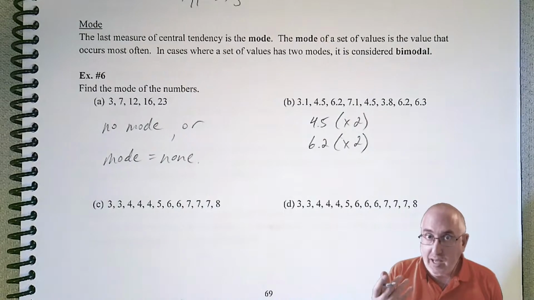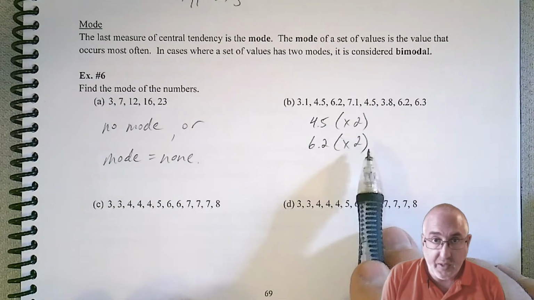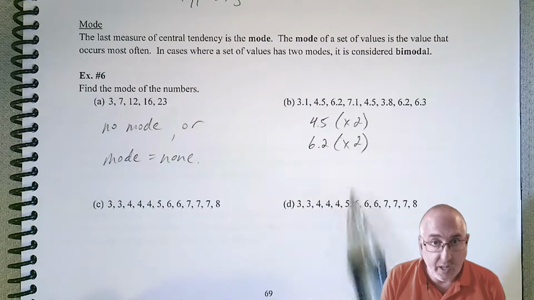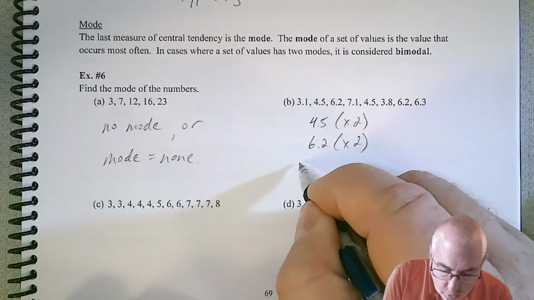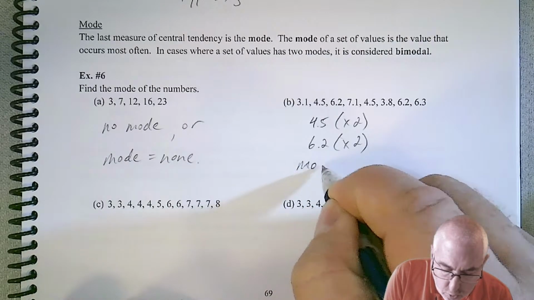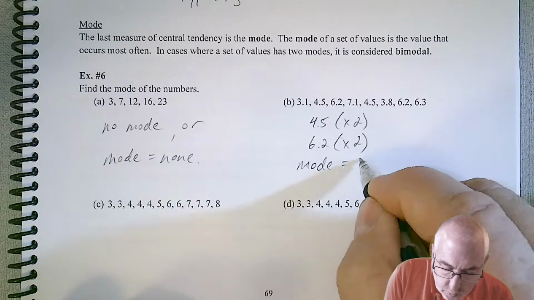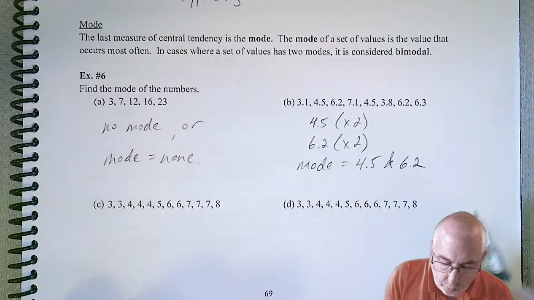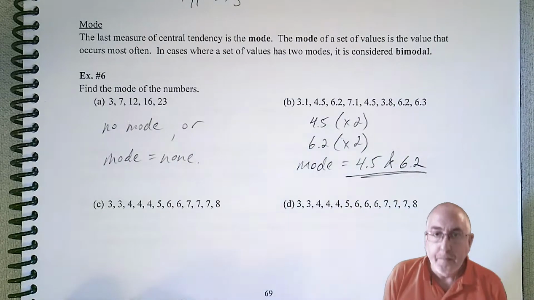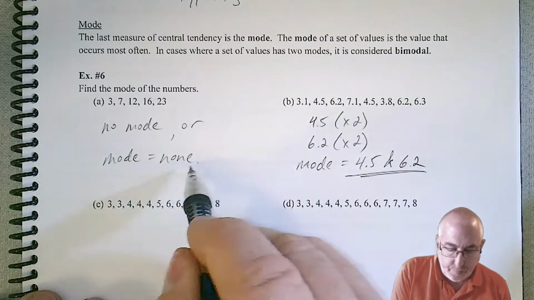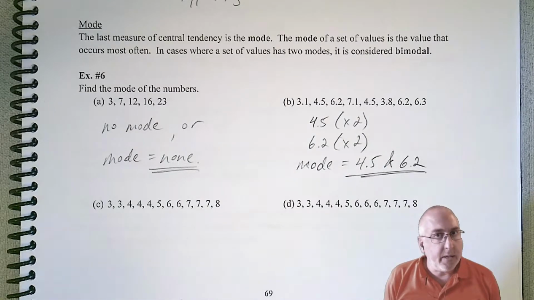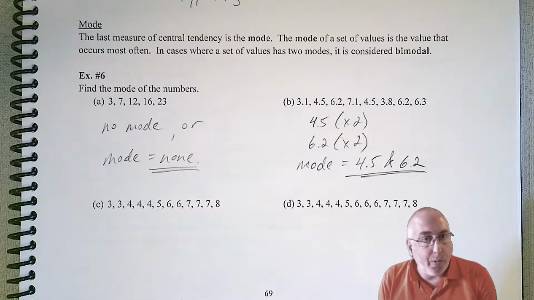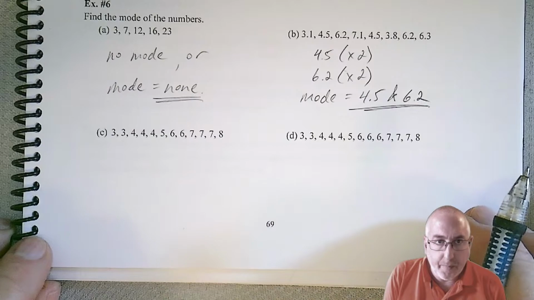We want values that happen the most. But there's nothing else that happens more than that. So these are our modes: 4.5 and 6.2. All right, so we got no mode, we got 2 modes. Let's take a look at the next one.